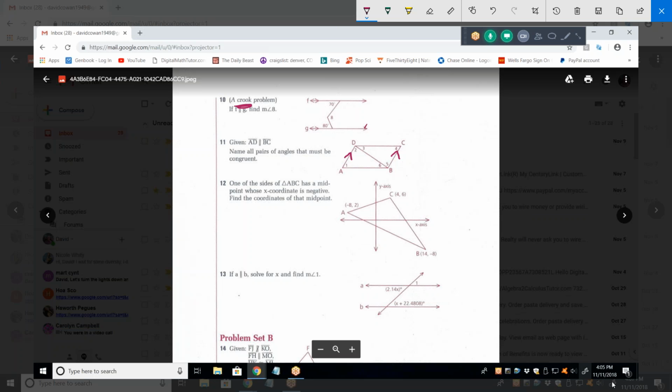Okay, now let's do this. Okay. And there are a number of transversals. Let's talk about that transversal first. So what has to be congruent? 6 and 3, 2 and 5, and then, yeah.